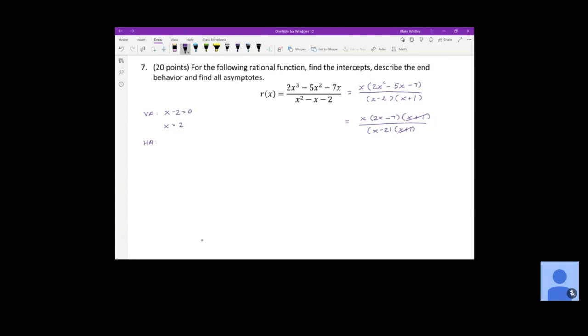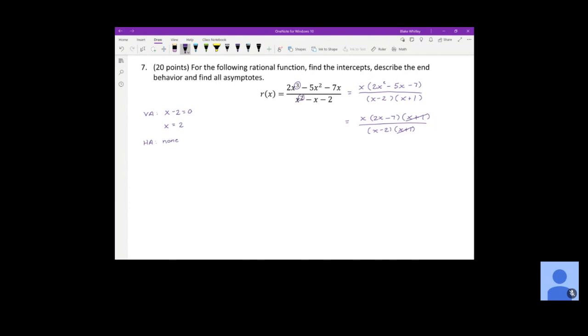So if we look there, we have a 3 and we have a 2. Well, that means that the numerator's degree is bigger than the denominator's degree. So what does that tell us about horizontal asymptotes? There are none, right? So any time the numerator's degree is higher than the denominator's degree, we have no horizontal asymptotes. We can just say there are none.